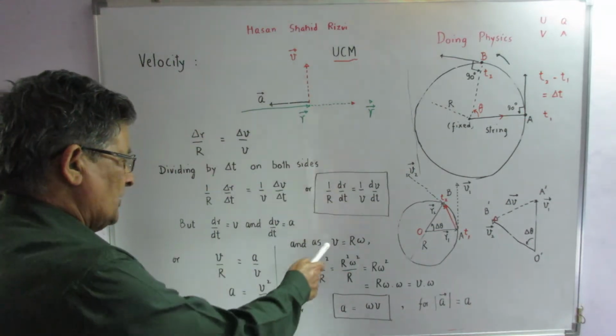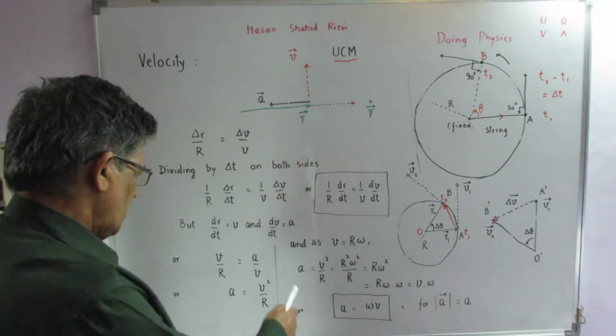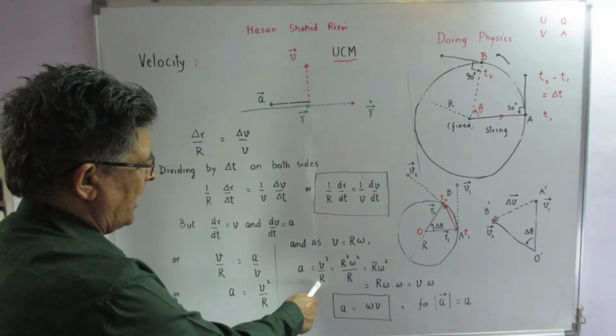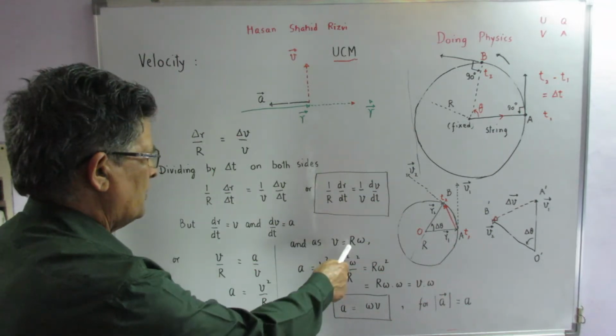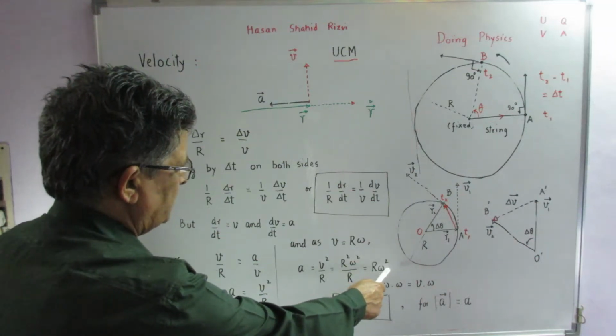But my velocity is also equal to r into omega. Therefore, I can write this equation again as a is equal to v square upon r, and therefore r square omega square upon r, which becomes equal to r omega square.